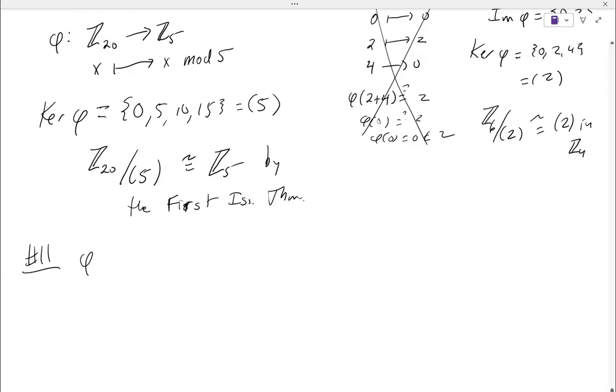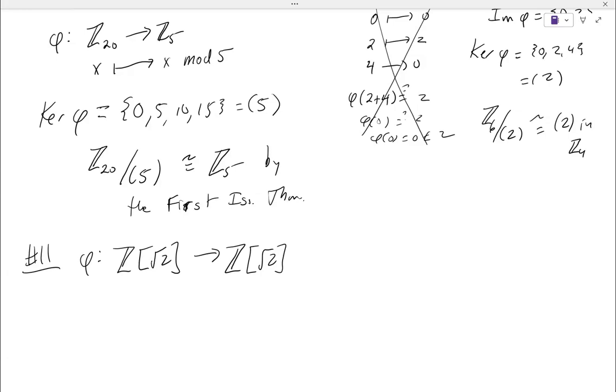Let's say you've got a mapping from Z adjoin root 2. Remember, that's polynomials in root 2, but when I square root 2, I get 2. So really, I just get an A plus a B root 2 thing, right?